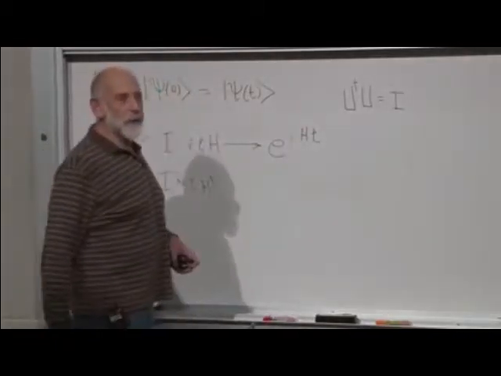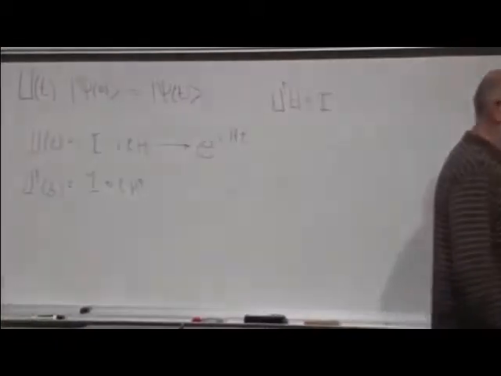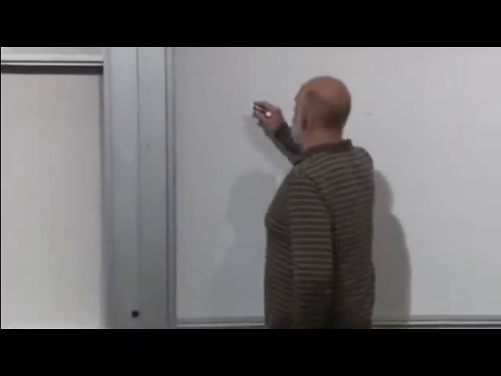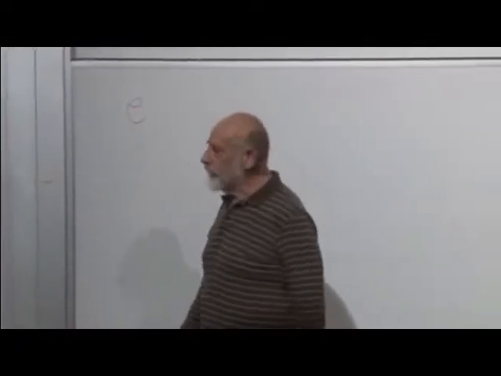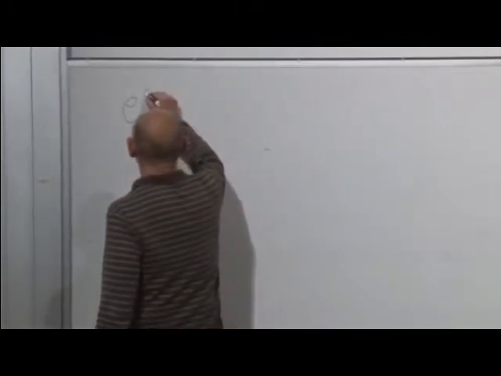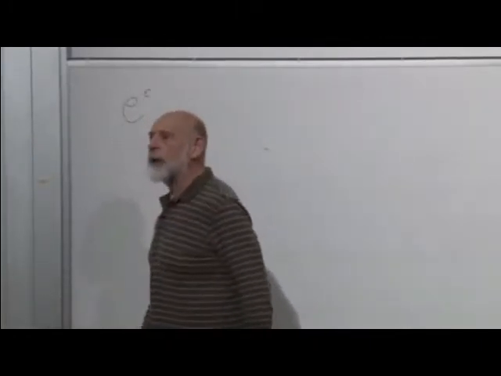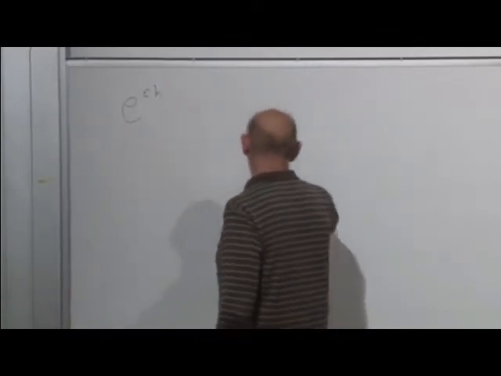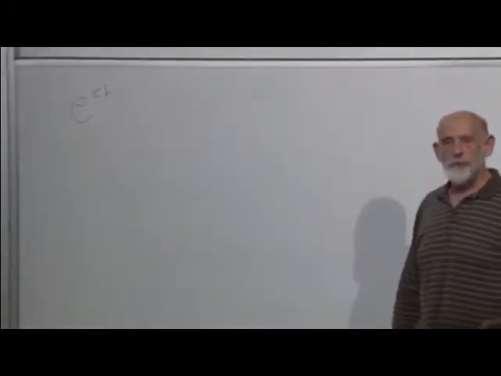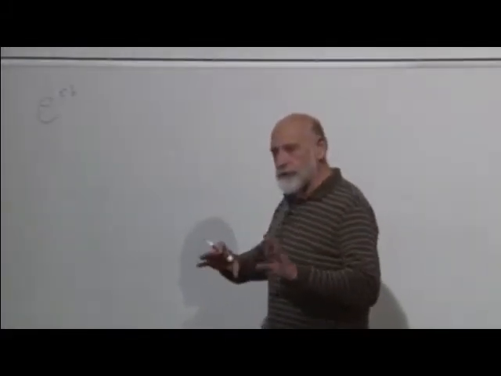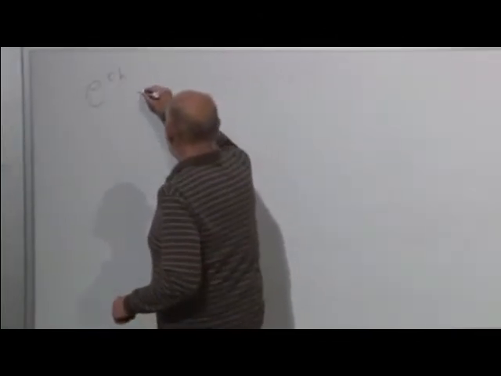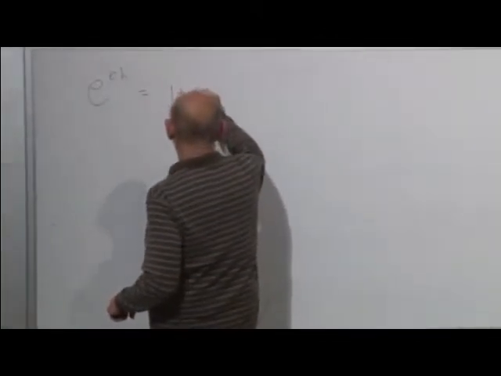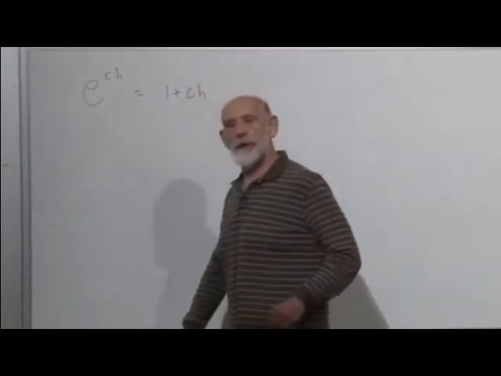Now, let me just say a word or two about exponentials. If you have an exponential e to some small number, and let's just call the small number epsilon, where epsilon is small, times an ordinary number, and let me call the ordinary number little h. Epsilon times h is a small number. Okay. For very small epsilon, e to the epsilon h is 1 plus epsilon h. Does everybody know that?